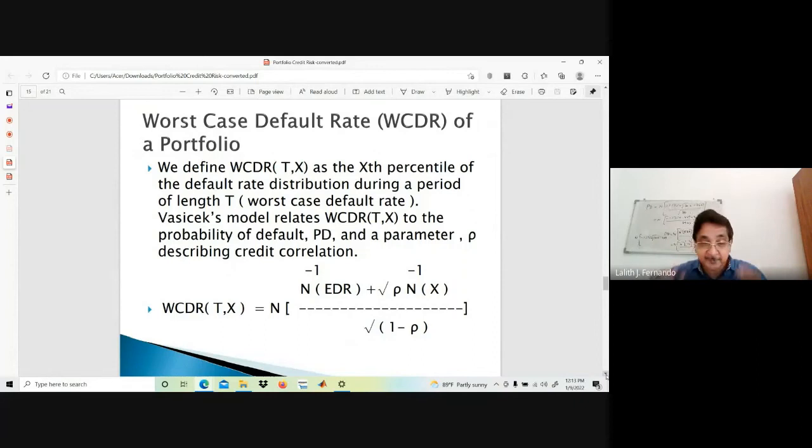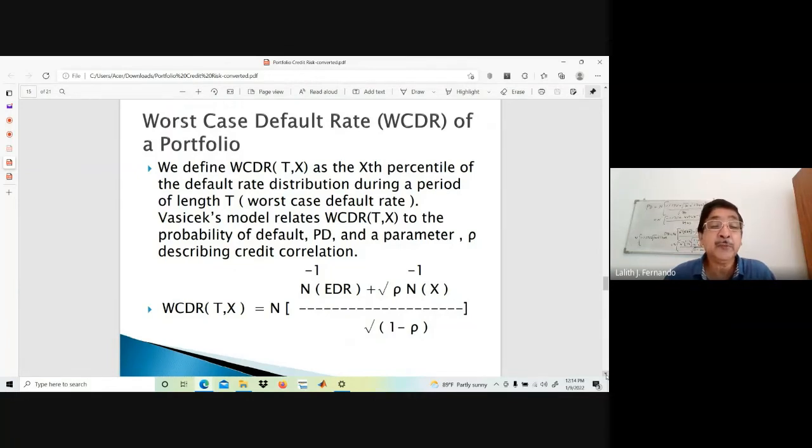What is that? What do you mean by worst case? In a very great type of economic downturn. So that is what you call a worst case default rate. We define WCDR. Now, when you say worst case, it has a timing and a confidence level.